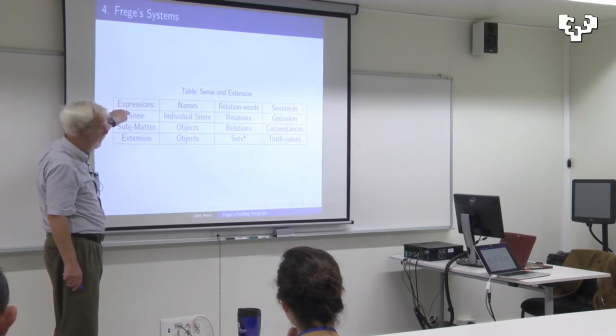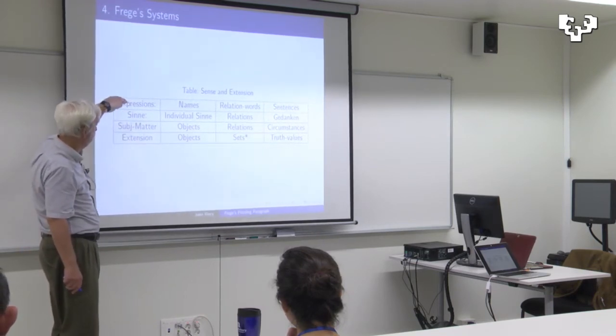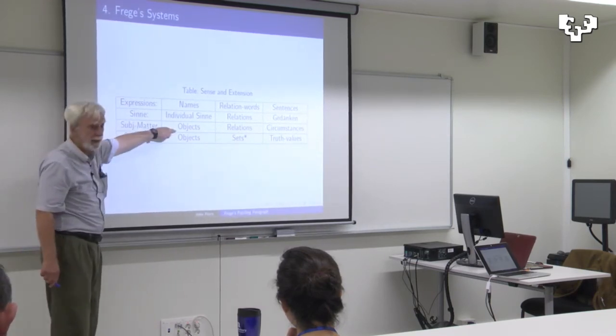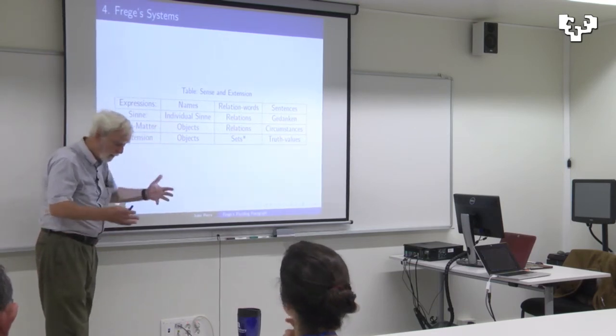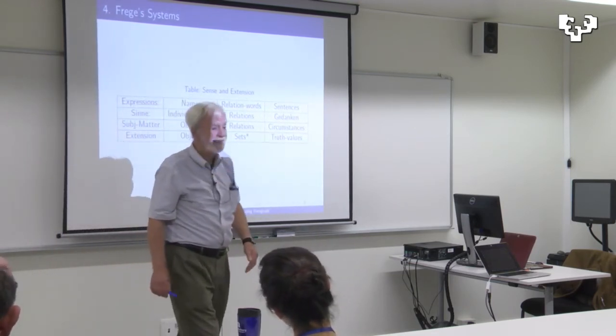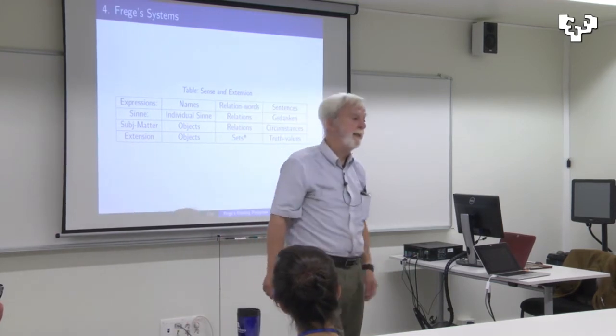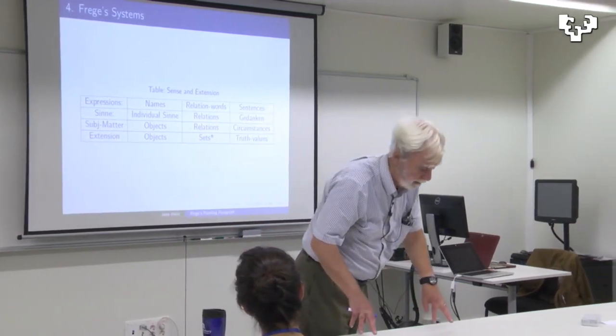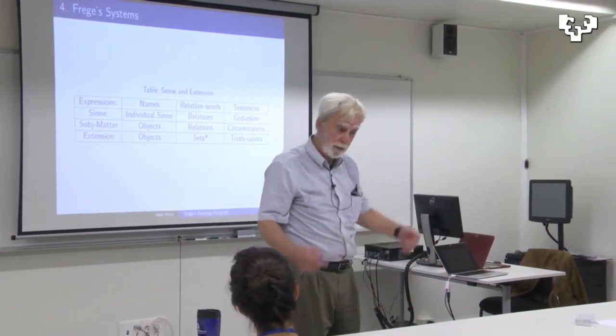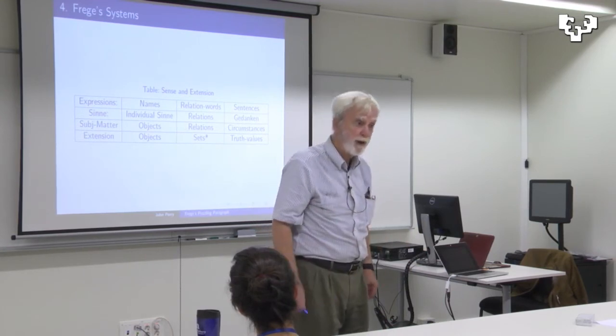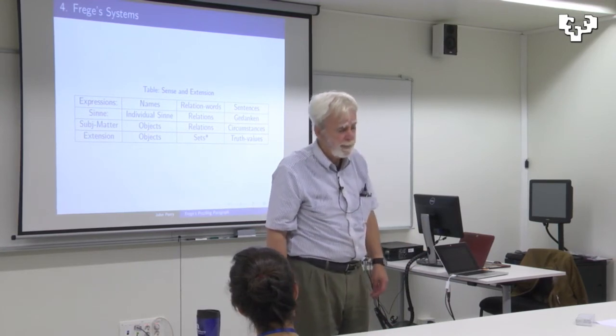You just get a rule that takes you from the expression and the context to the object. So Frege's theory is not a notational variant of that view, although I present that view as a friendly amendment to Frege.